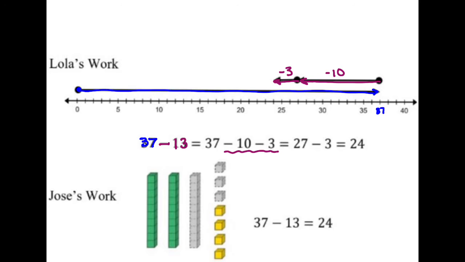And then when she did the actual work, 37 minus 10 is 27, and then the 3 just comes over. 27 minus 3 is 24. And sure enough, that's where that third arrow in this case ended up, at 24.